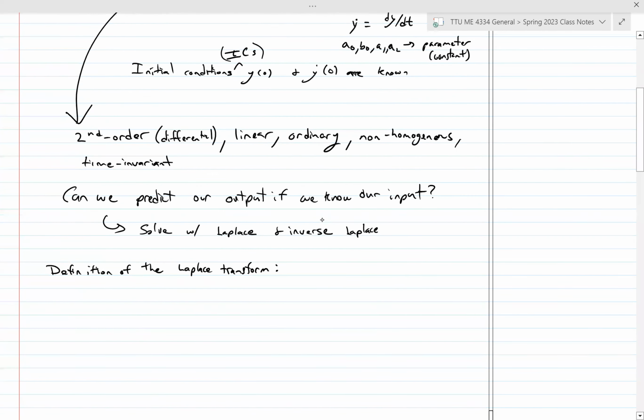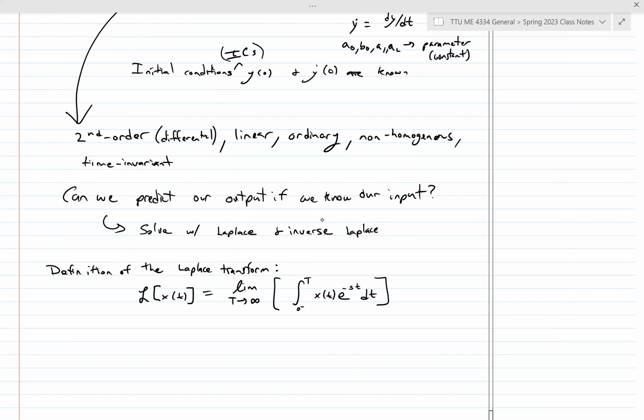The Laplace transform of a variable little x, which is a function of time, is equal to the limit of big T approaching infinity of the integral from 0 minus, usually we just say 0, but just right before 0, to big T of x, which is again a function of time, times e to the negative st dt. This is skipping over a handful of things for the actual definition, but it's close enough for our purposes here, right?